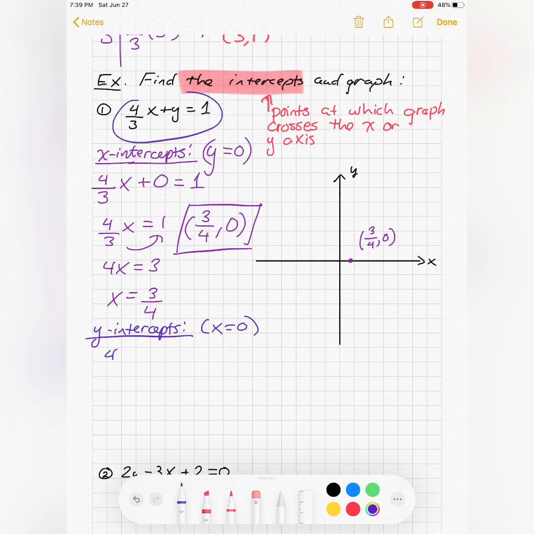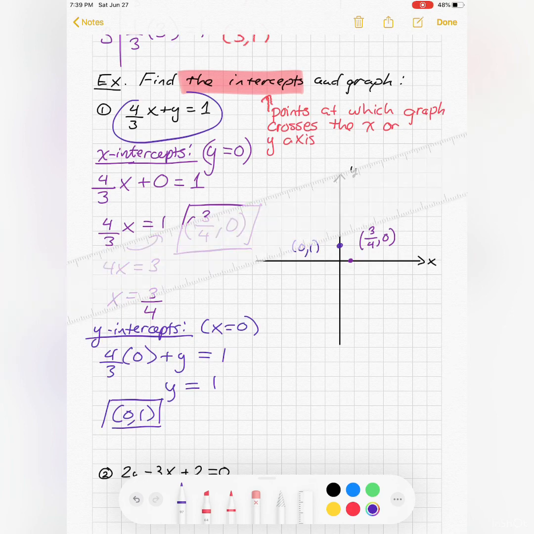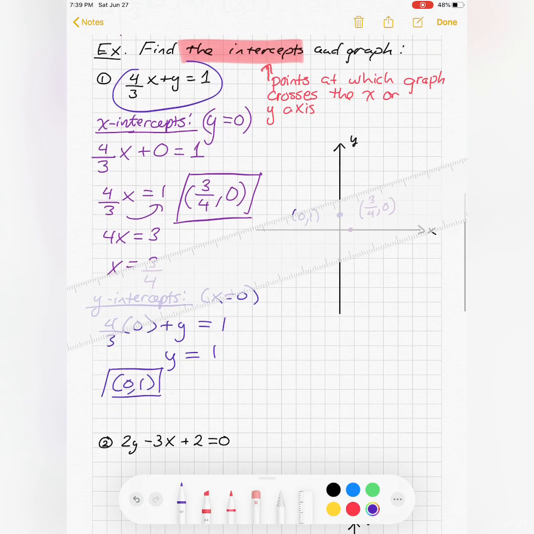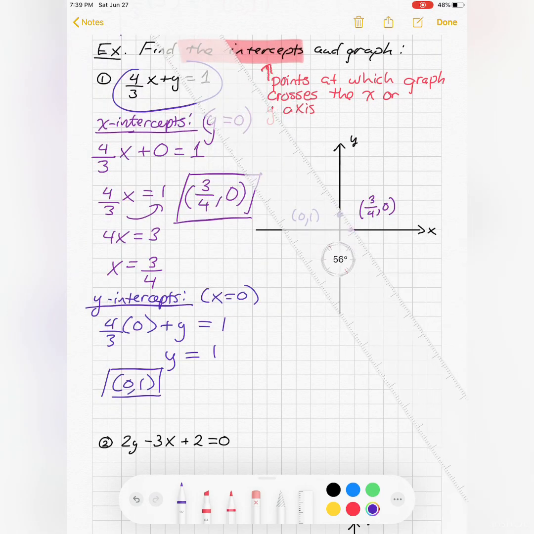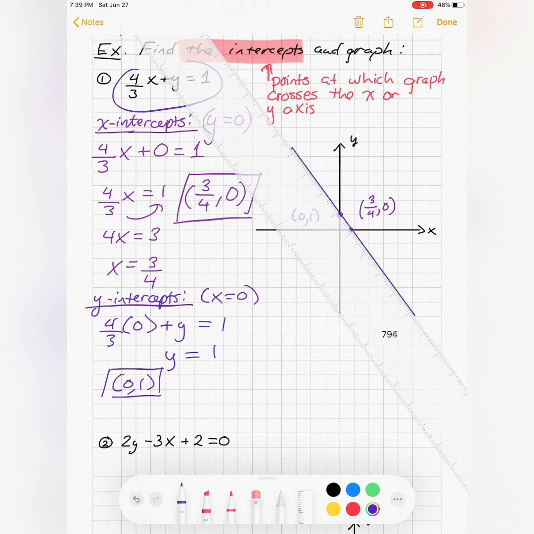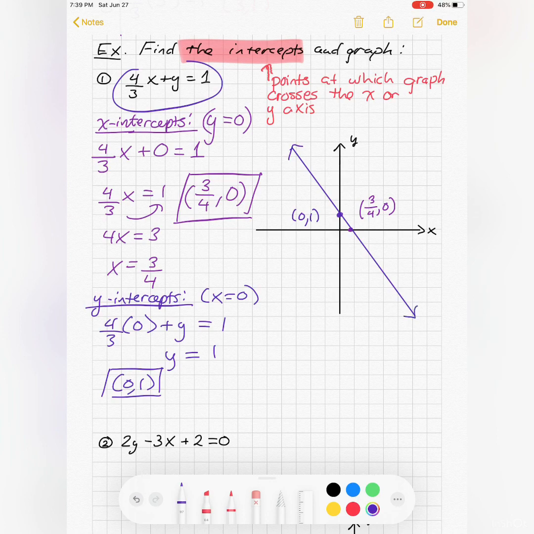Okay, so that'd be 4/3 times 0 plus y is 1. Well, that one's easy. Y is 1. Okay, so I know I'm dealing with a line. Go ahead and draw a straight line through those points. And there we have it.